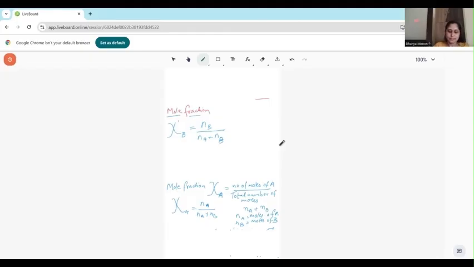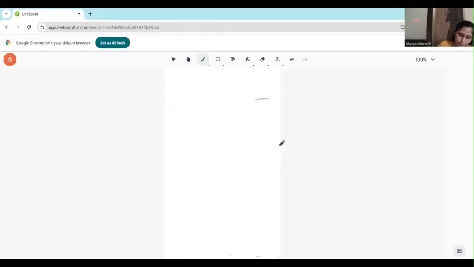So I'll just write the formula at the side and then do the question. Okay. So mole fraction Chi is given by number of moles of A by number of moles of A plus number of moles of B. That means total number of moles. That's it.